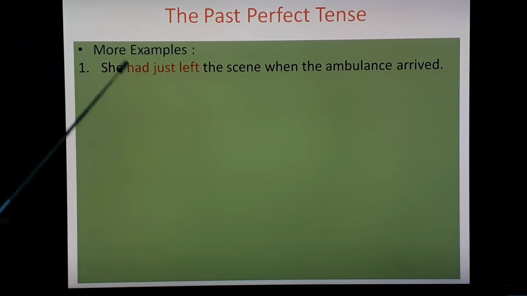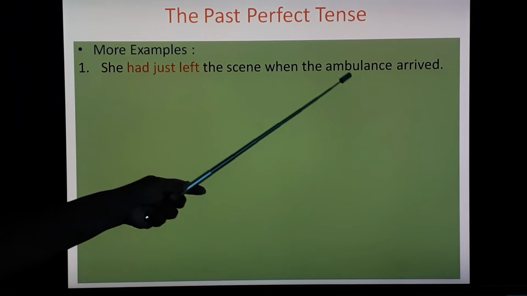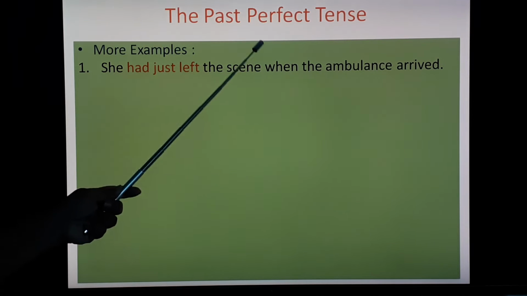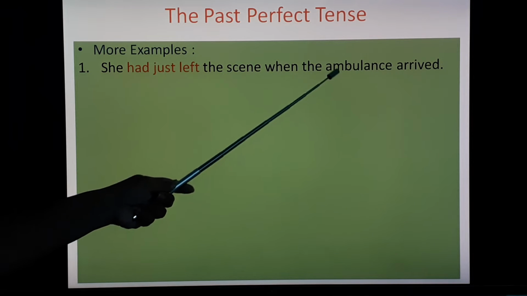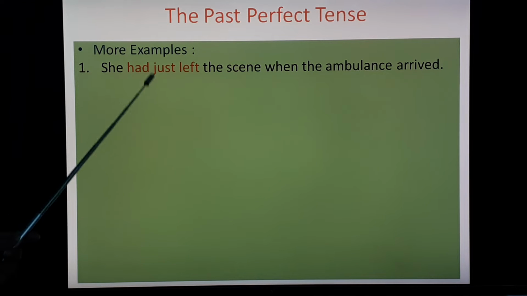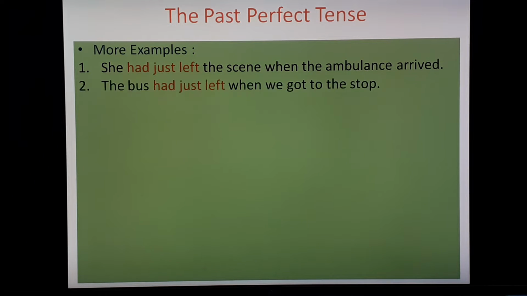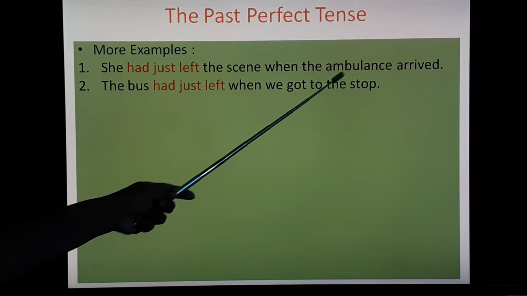First, she had just left the scene when the ambulance arrived. So when you use when, immediately after that you have to use V2 form. So she had just left the scene. This action came first. That is why had left is given. The bus had just left when we got to the stop.